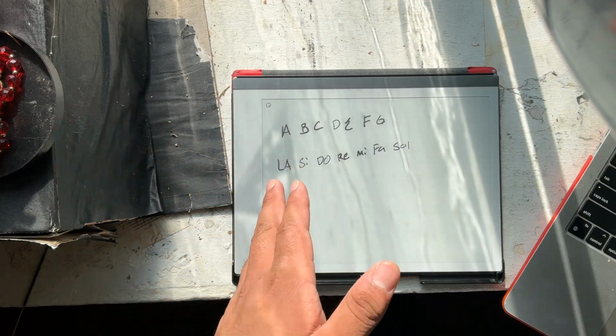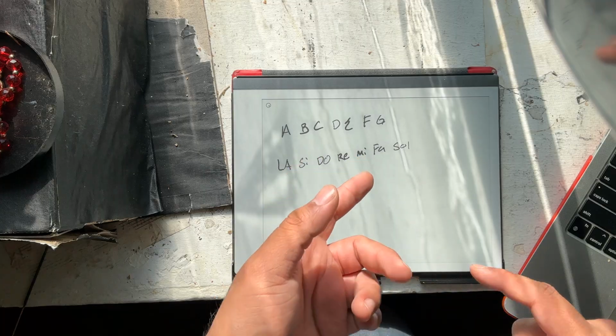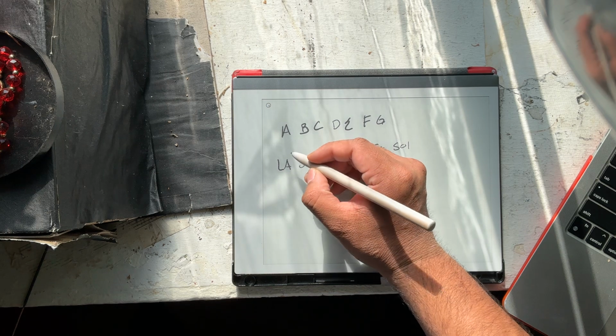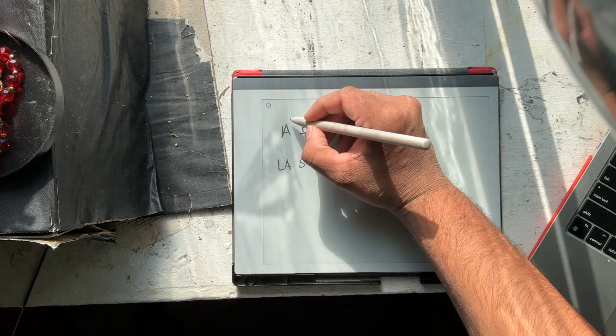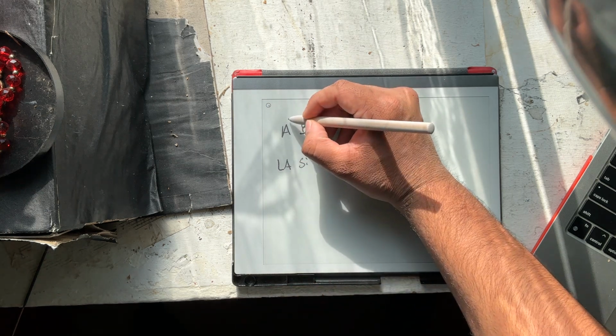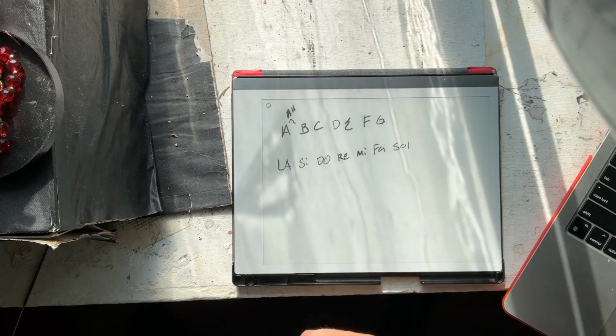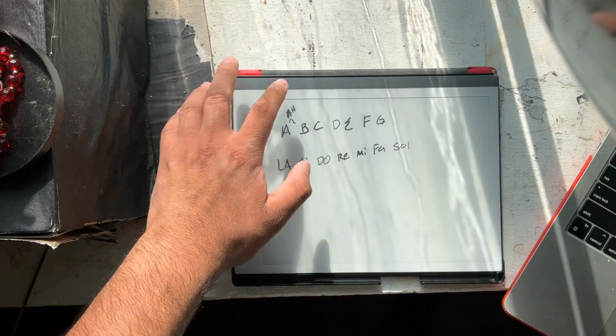In between these notes, there are other notes that we can add and other sounds that we hear in between these. Between here is A sharp. That doesn't look too good.